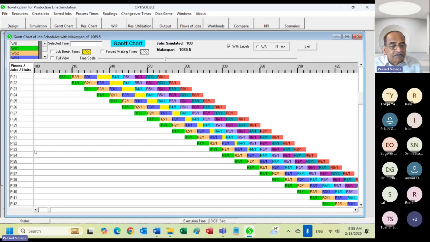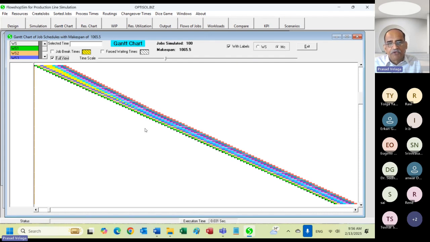For example, from piece 34 onwards, they don't wait for resources at all. It means that by increasing the speeds of R4 to R8 for the first 360 minutes, you could recover the loss of time. You can also see that in the full view: only during the first 360 minutes are the pieces waiting at the fourth workstation. After that, they go smoothly.